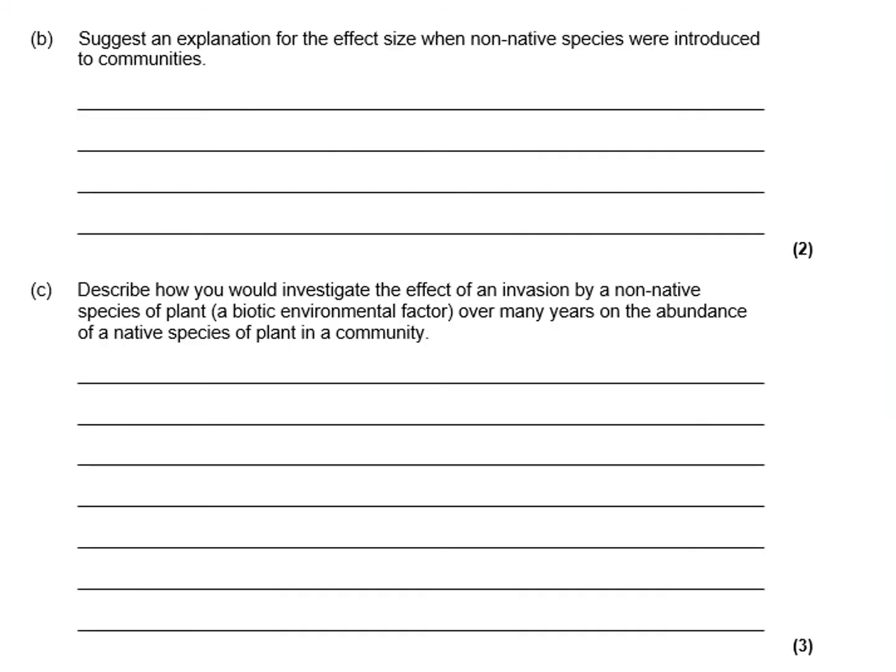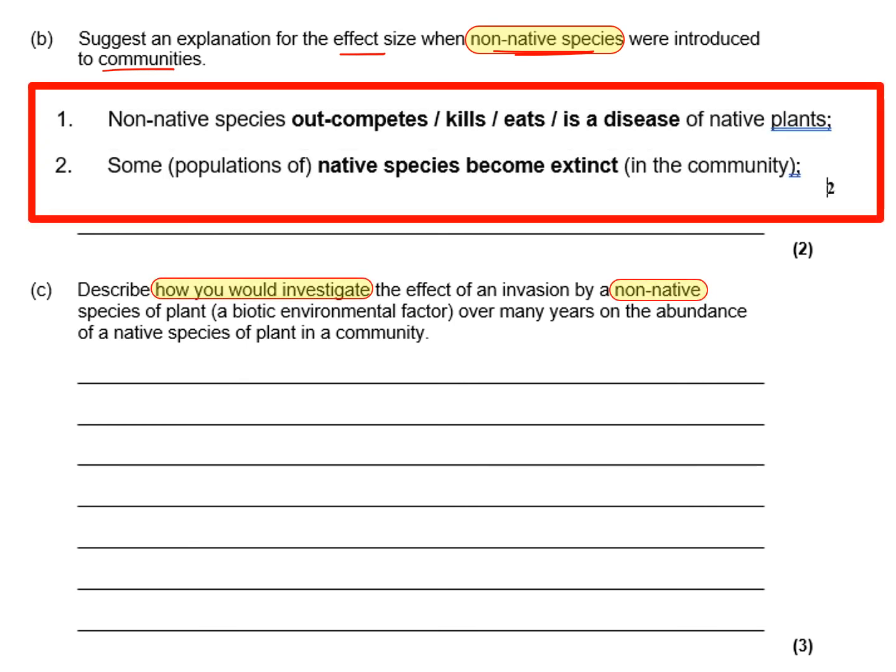So suggest an explanation for the effect size when non-native species were introduced to communities. So let's have a look. Non-native species. Now, the information at the start of the question does say that non-native species were introduced. If these non-native species were plants, for example, they might outcompete the native species of plants.